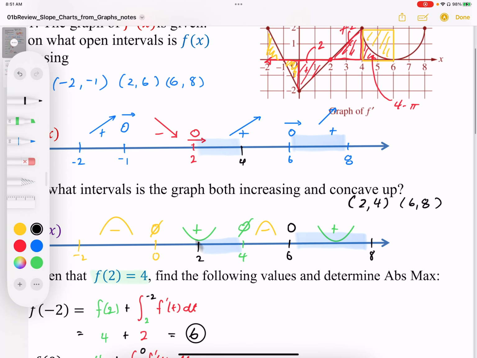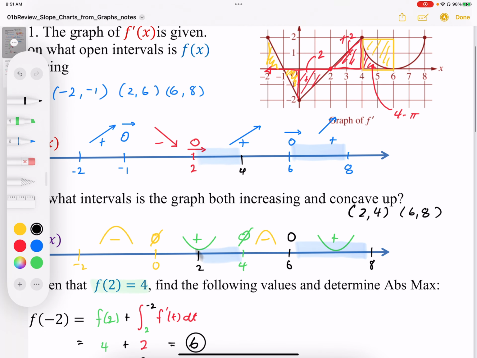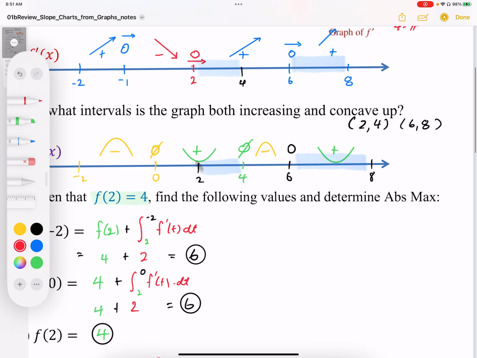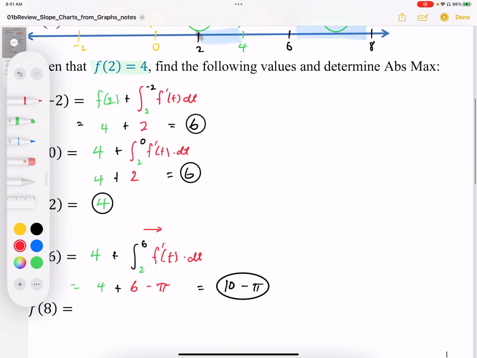And then if I'm going to consider f of 8, I have to add up the rest of that area. So this area in here is also 4 minus pi. So the net area from 2 to 8 is going to be 2 plus 4 plus 4, which is 10 minus 2 pi. So then working out that the y value at f of 8 is going to be the starting point 4 plus the displacement, which is going to be 10 minus 2 pi.